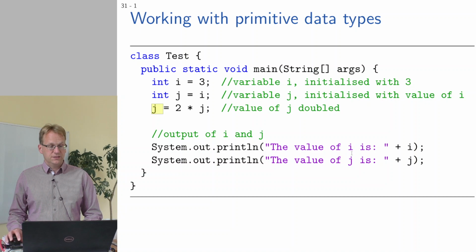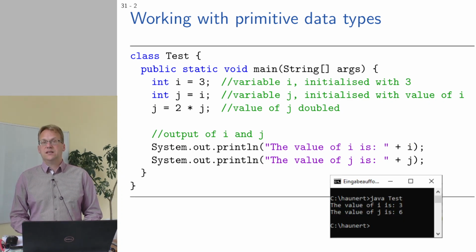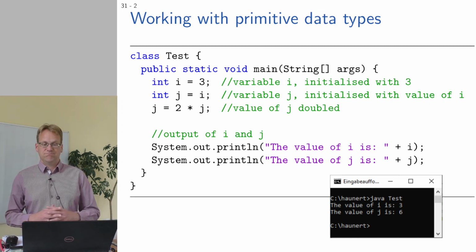The value in i is still 3 because we have only in this first line of code assigned some number to i, so the value in i is still 3, but the value in j is 6. And that's precisely what we get if we execute this program. There's nothing surprising here.